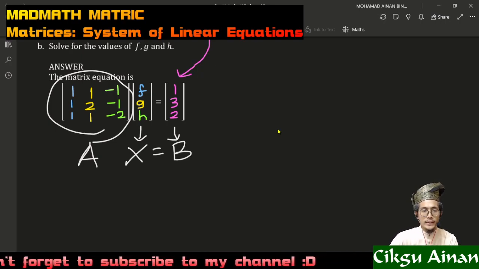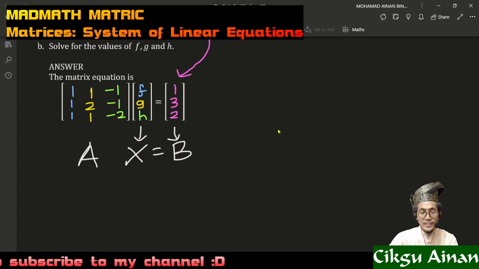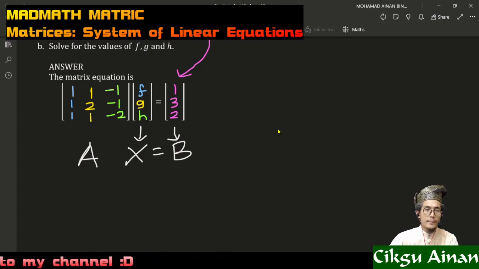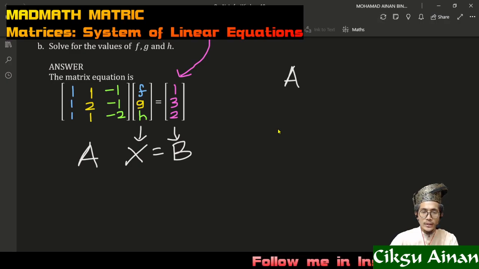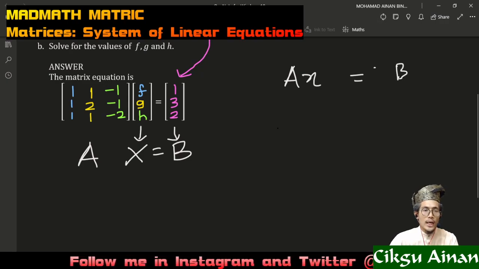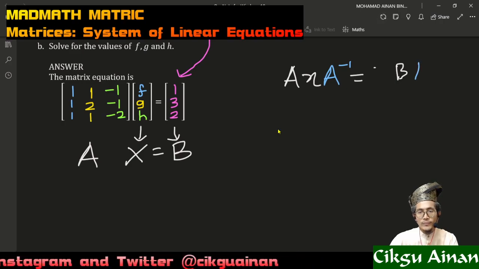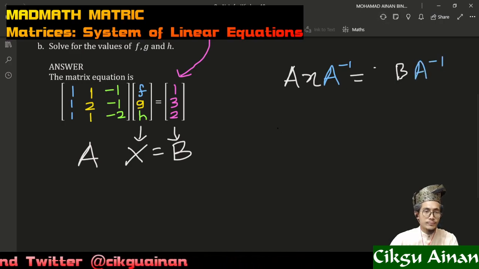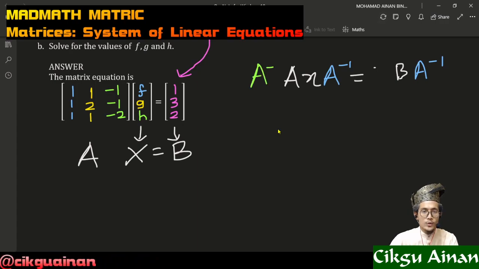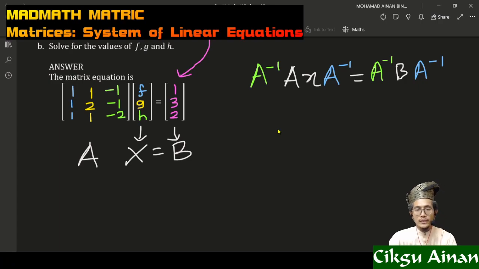By applying the properties of matrices, we can multiply both sides by A inverse. I scribble over here first. You can choose whether you want to multiply on the left hand side of each side or the right hand side of each side.